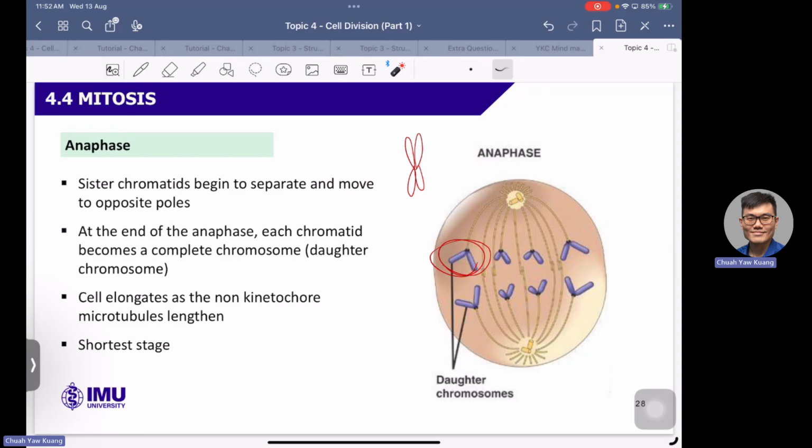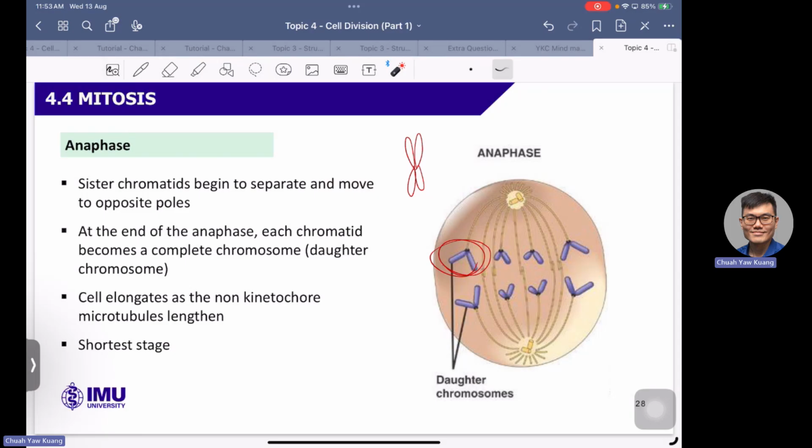Talking about the behavior of the spindle fiber, there's one more thing. During anaphase, when they pull the sister chromatids to different poles, the cell will also elongate. Why does the cell elongate? Also because of spindle fibers, but what is different is that the spindle fibers connected to the sister chromatids will shorten to pull them to different poles.